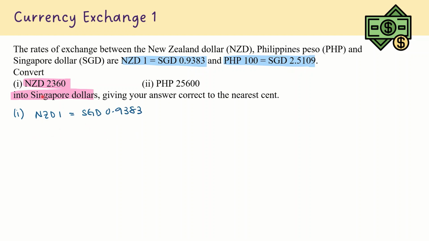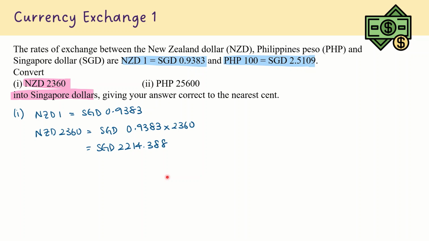In order to do our conversion, let's write down the exchange rate first. Since we're looking at 2,360 New Zealand dollars, by proportion, from 1 unit to 2,360 units, we will multiply by 2360. Likewise, on the right side of the equation, we will also multiply by 2360. And therefore, we will get 2214.388 Sing dollars.